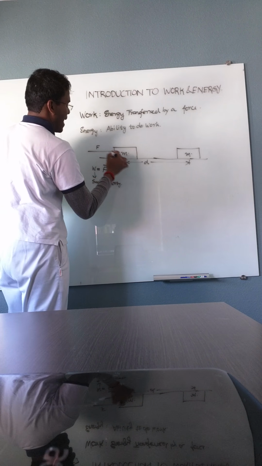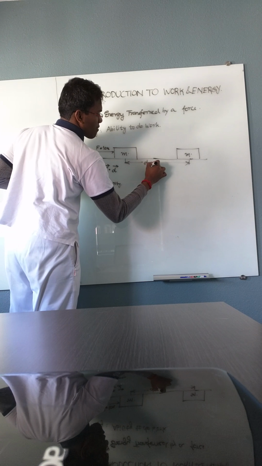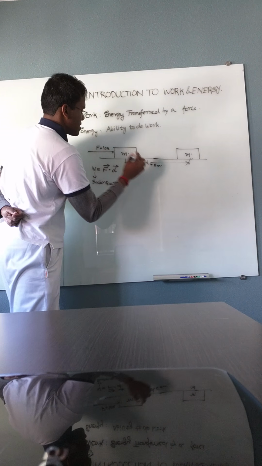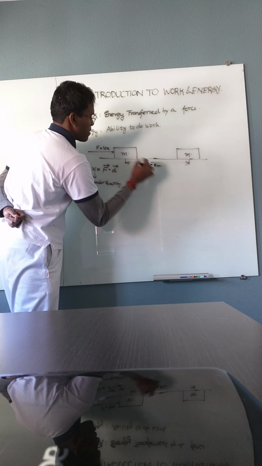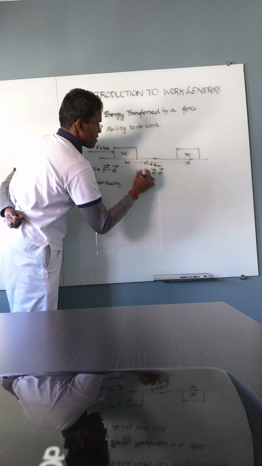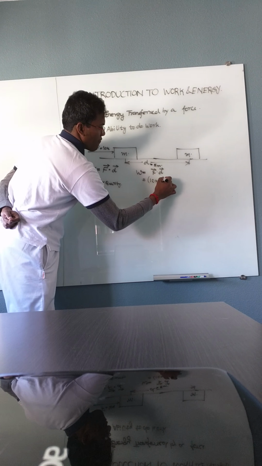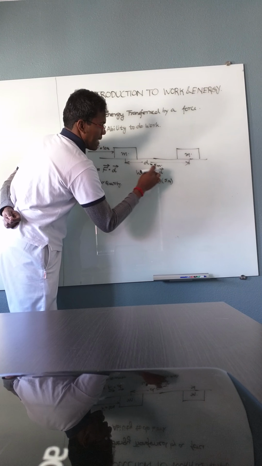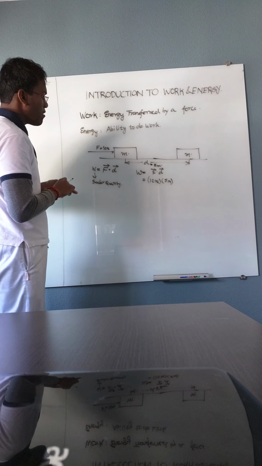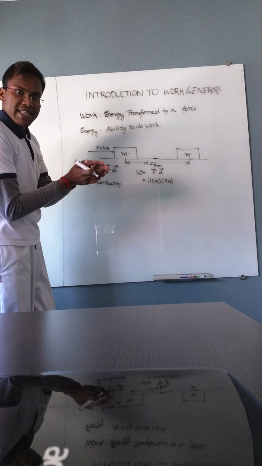Now suppose we had a force of 10 newtons, and let's say our displacement was 5 meters. In that case, the work done is nothing but force times displacement times cosine of the angle between force and displacement, which is 10 newtons times 5 meters times cosine of the angle. Here force and displacement are in the same direction, so the angle between them would be 0.